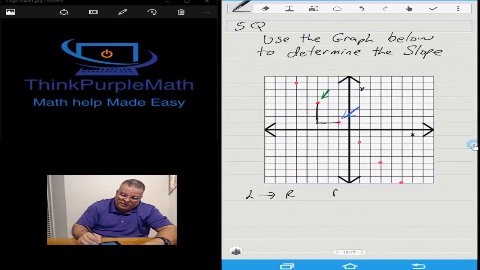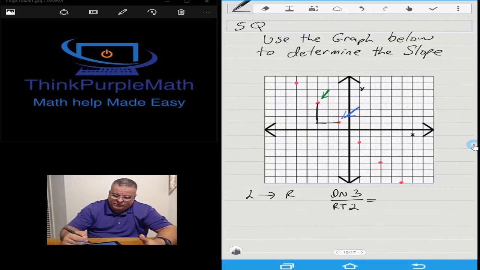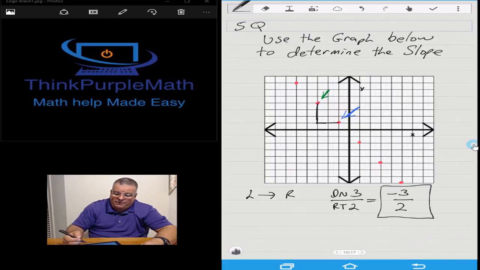So we're going to say down 3, and I'm abbreviating, and we're going to go right 2. Anytime you go down, it's negative, and everything to the right is positive. So your slope, by using the rise over run method, would be negative 3 over 2. And this is simply by using the counting method.